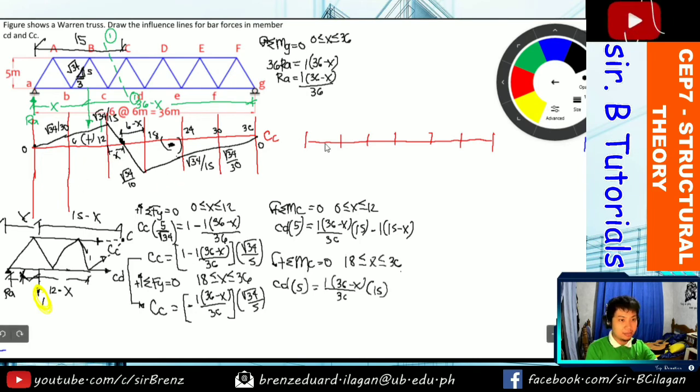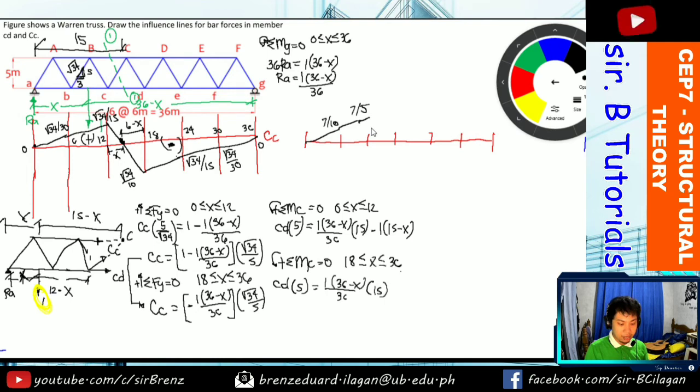So, positive. So, tension dito. 7 over 10. So, 7 over 10 or 0.7. Then calculate. 12. 7 over 5 or 1.4. 7 over 5. And then again, wag mapapasarap ng pindot.